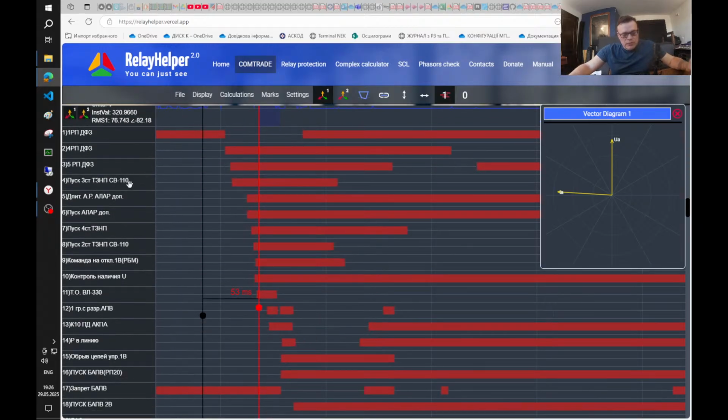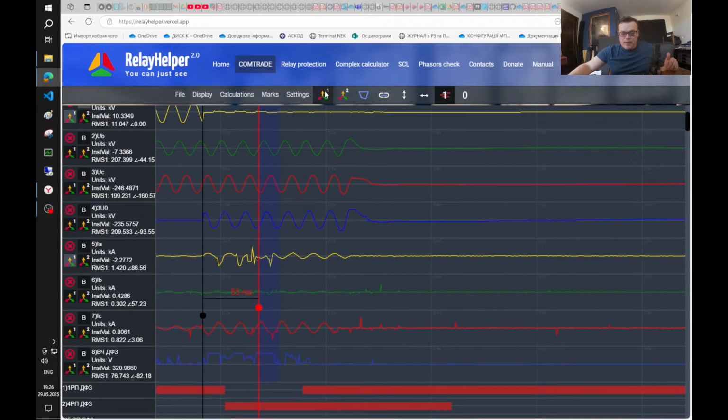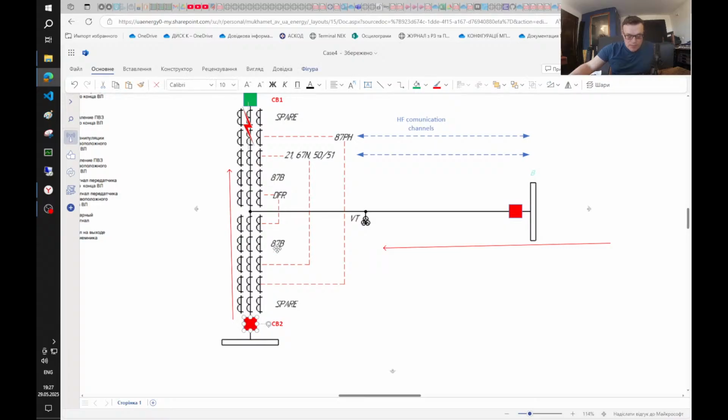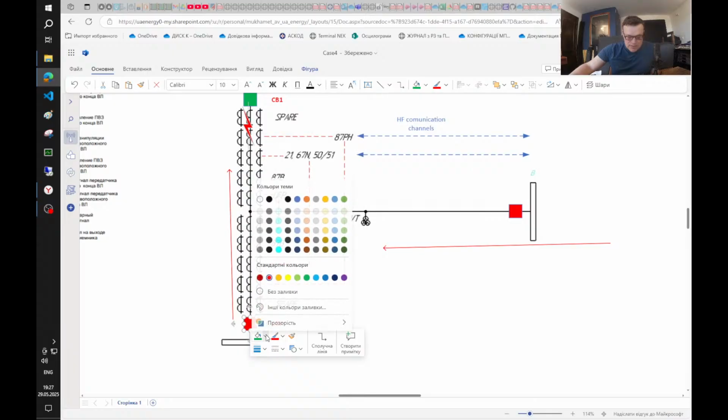So because of the overcurrent instantaneous step without direction, it tripped, and it tripped with AR start. At this point CB1 was already opened, and line protections tripped the second circuit breaker.